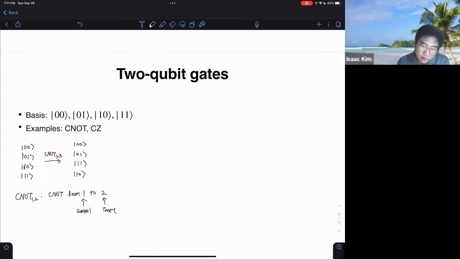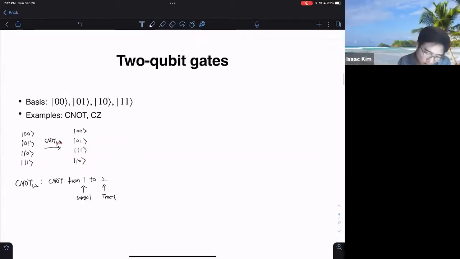The way this works is that you look at the control qubit, and if it's 0, you do nothing. And if it's 1, you apply the NOT gate on the second qubit. So what is the NOT gate? It just changes 0 to 1 and 1 to 0. And indeed, if you look at this lookup table, if the first qubit is 0, then you do nothing on the second qubit. If the first qubit is 1, you simply flip the second qubit.